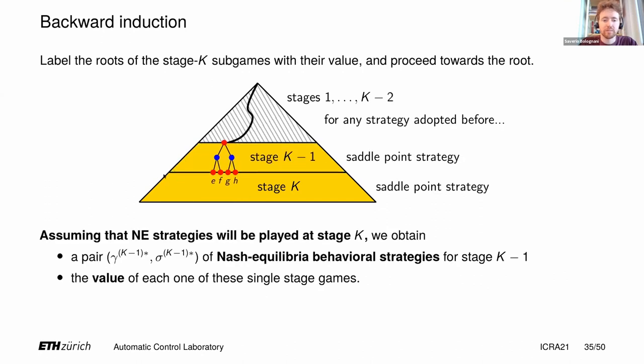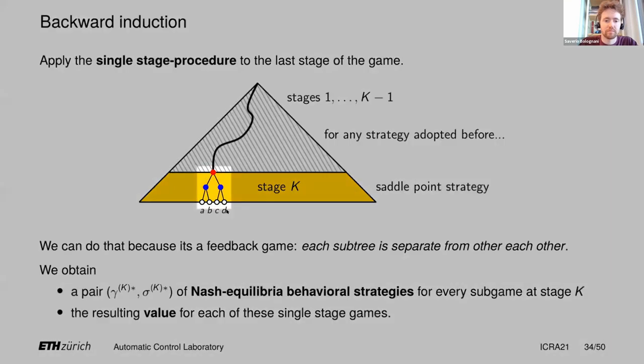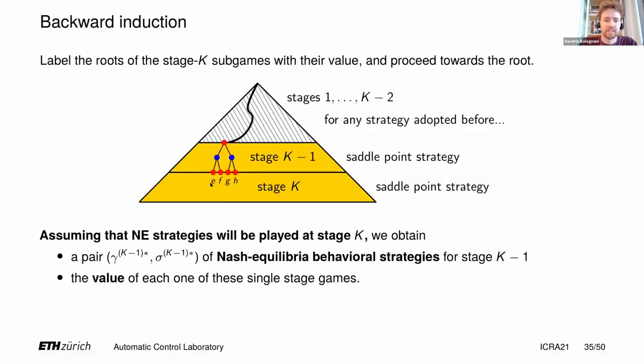Now what you can do is prune the tree, remove the last stage, and attach the value of these subgames to the roots of the subgames. Now there were all these games here, and now we just attach the values E, F, G, H. Now these are a large, but increasingly smaller, number of individual games.